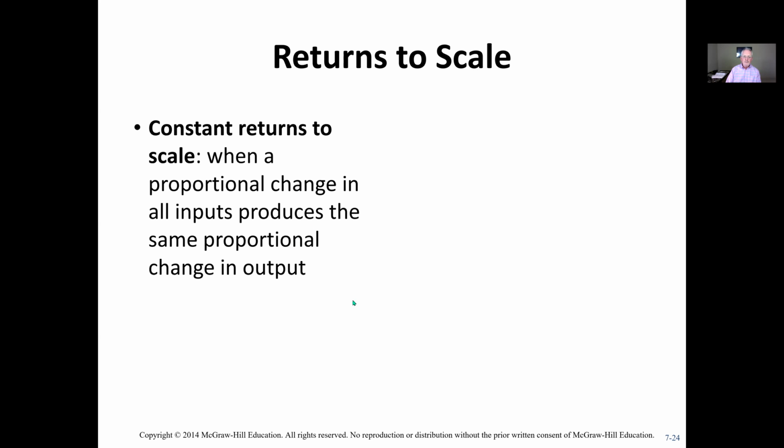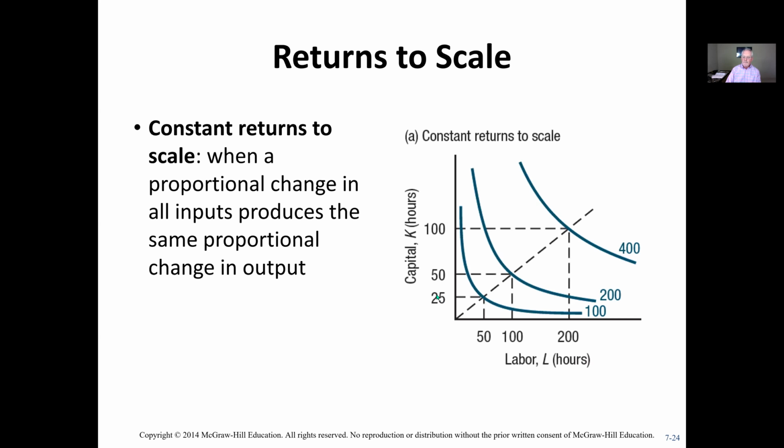All right, so constant returns to scale is when a proportional change in all inputs produces the same proportional change in output. And as you can see here, we go from 50 to 100 to 200, so we keep doubling labor, we keep doubling capital, and output exactly doubles, reading quantities off those isoquants.